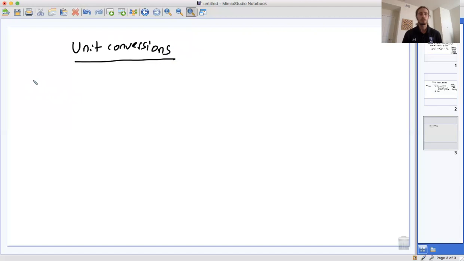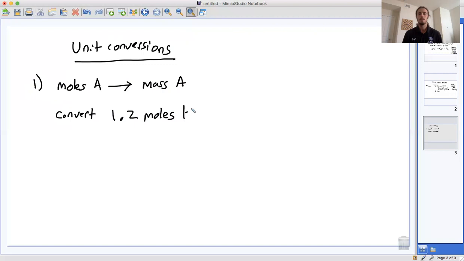The first one we're going to look at is going from moles of something to mass of the same substance. For example, convert 1.2 moles of water to grams of water.